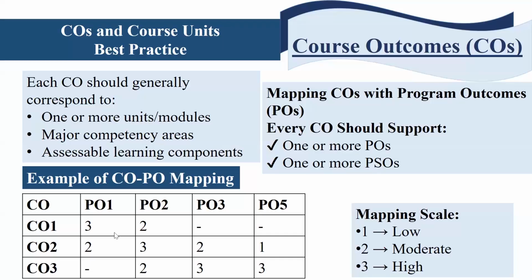So this engineering knowledge is program outcome 1. This 3 means the highest mapping. Maybe for one course outcome this can have a moderate value, another can have a low value. That is why the mapping also has 3 scales: 1, 2, 3, like that. That is the meaning of that. And this dash means this course outcome does not belong to this or the remaining ones.